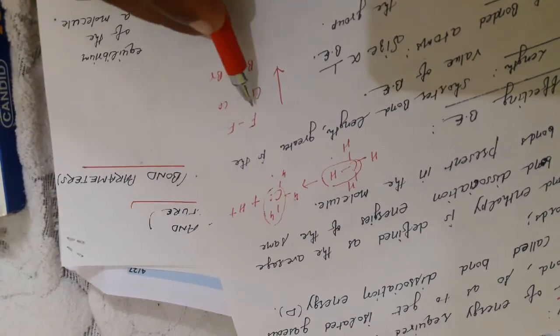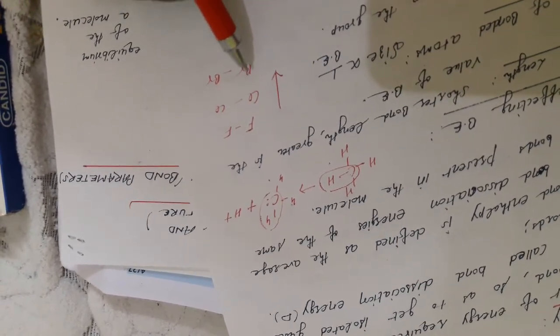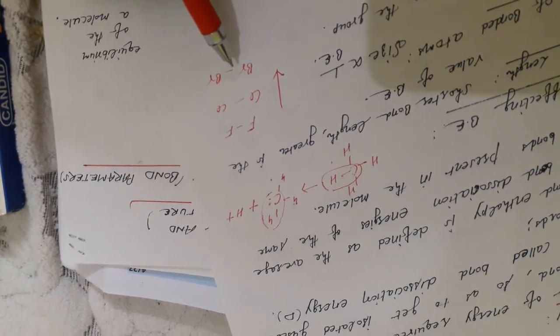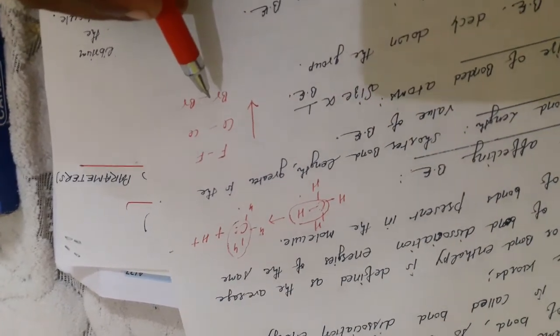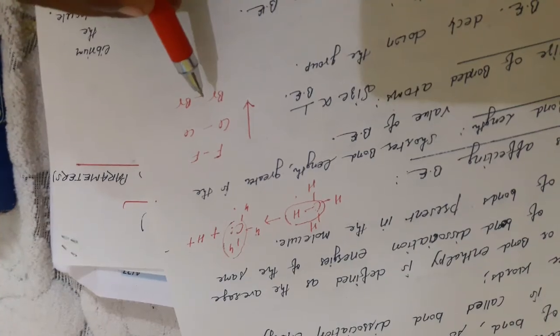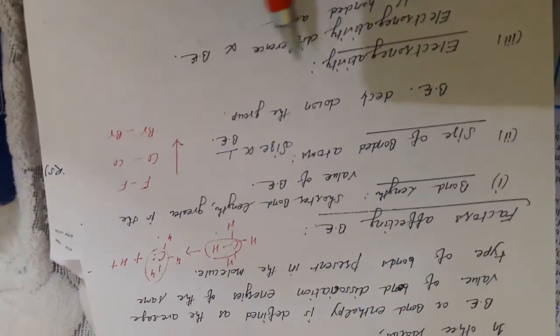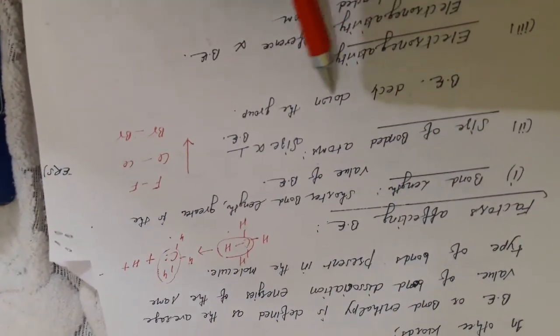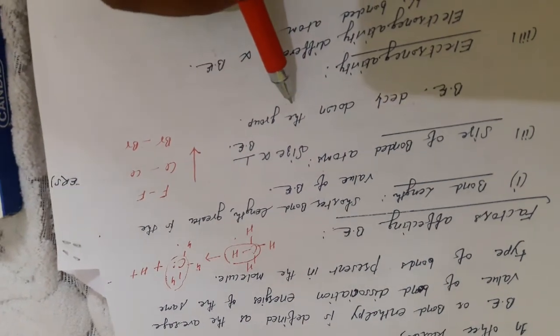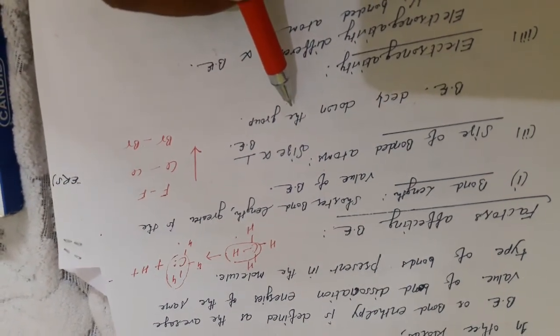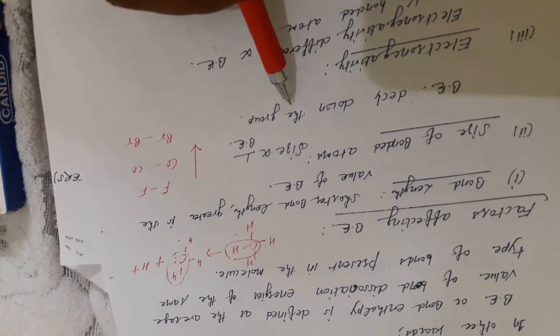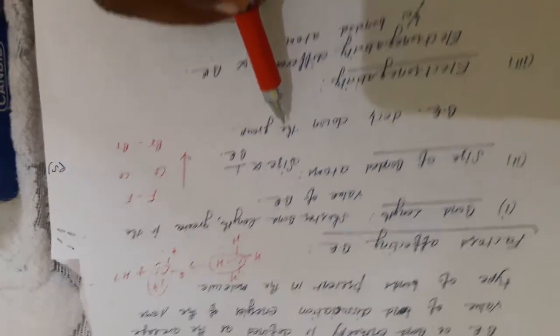The size is increasing, and due to size increasing, its bond length will increase and obviously the required dissociation energy will be low. So bond enthalpy decreases down the group, due to the increasing size of the atom, and due to that the bond length will increase.